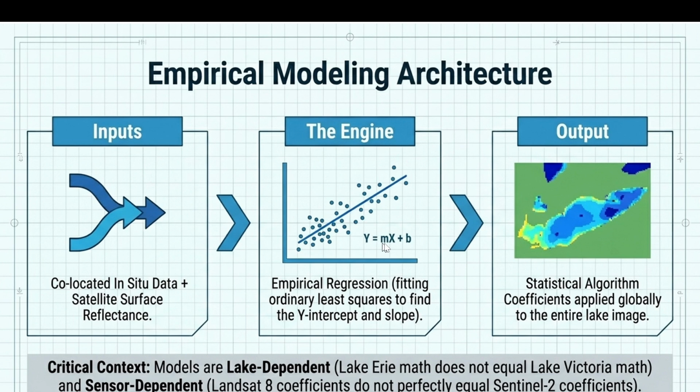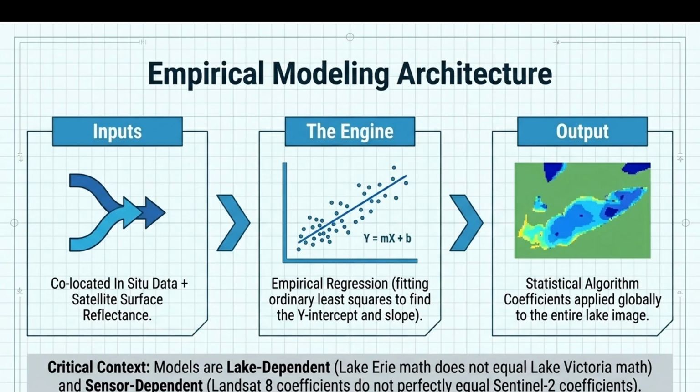So these two values we collect, and further we apply this statistical algorithm, with the coefficients applied globally to the entire lake image. Then we can get the whole lake water quality map. In this case, suppose I collect 8 training samples from the ground.